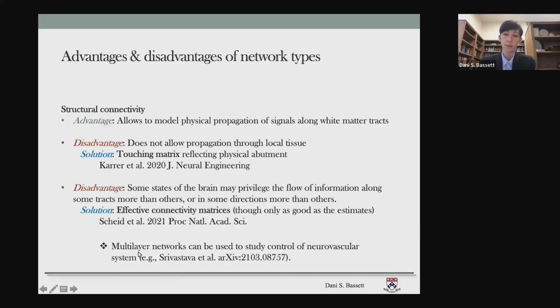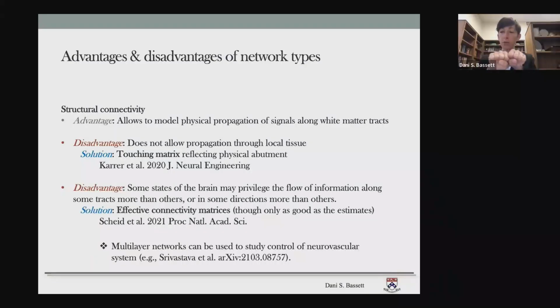What are some advantages and disadvantages of different network maps? Well, first, I said that the common one would be structural connectivity. That has the advantage of allowing us to model physical propagation of signals along white matter tracts. But it also has two disadvantages. One disadvantage is that it does not allow for propagation through local tissue where a white matter tract has not been defined.